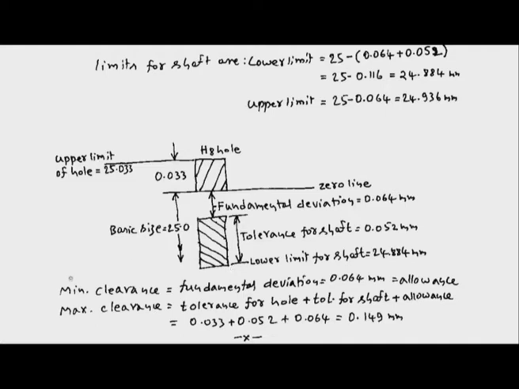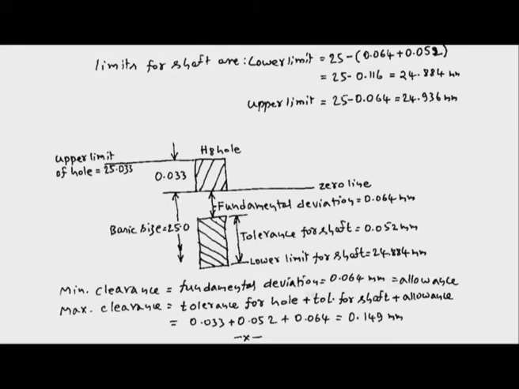Now we can calculate the minimum clearance and maximum clearance. We get the minimum clearance by subtracting the upper limit of the shaft from the lower limit of the hole, that is nothing but the fundamental deviation, which is equal to 0.064, and is also equal to the allowance value.